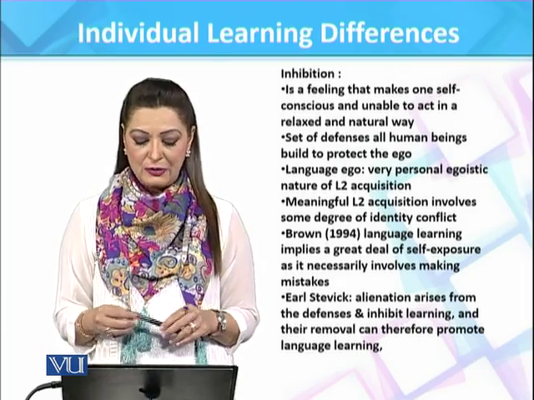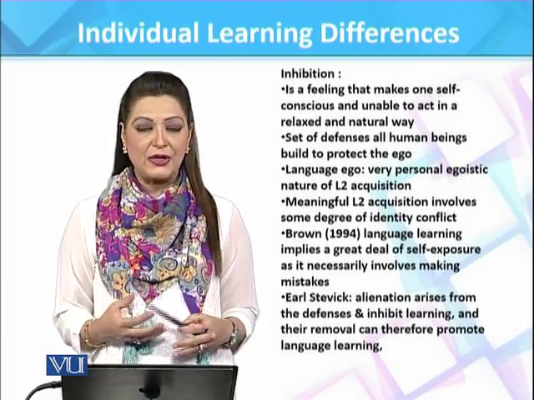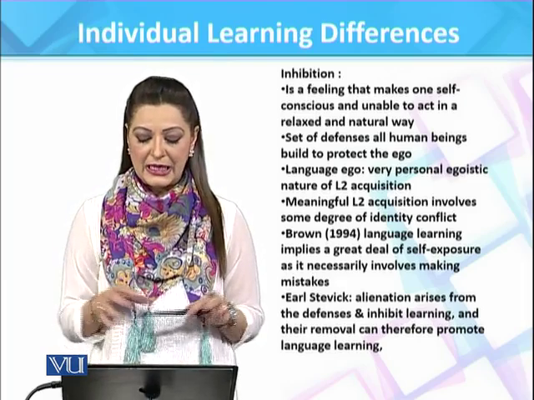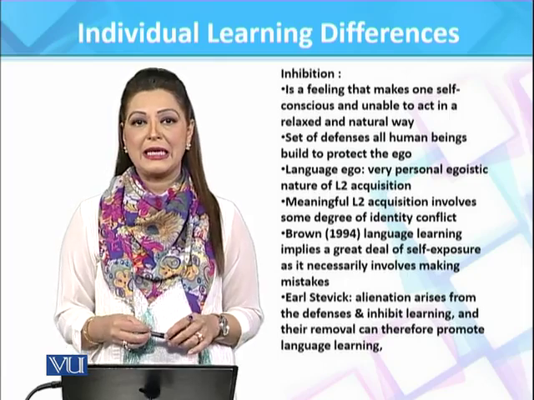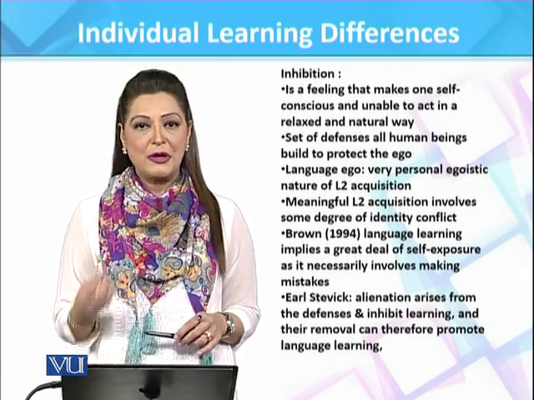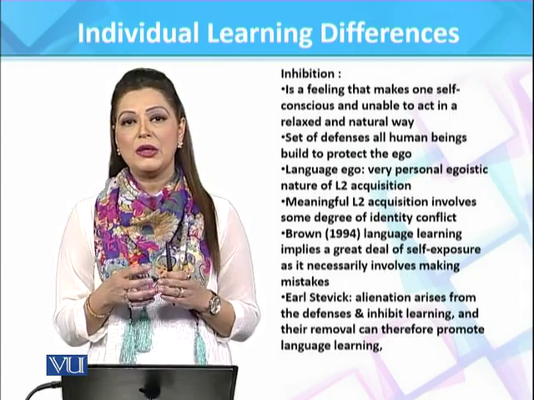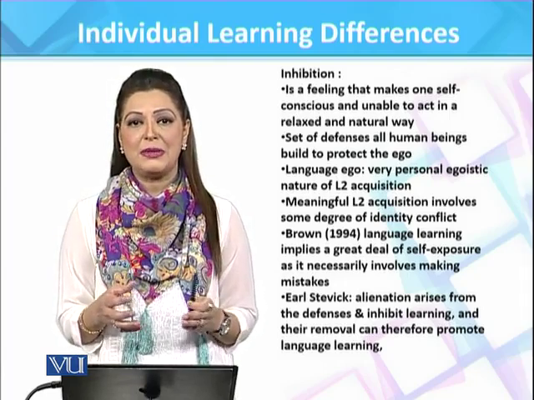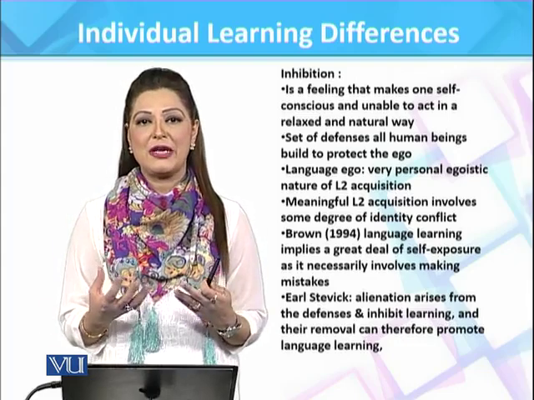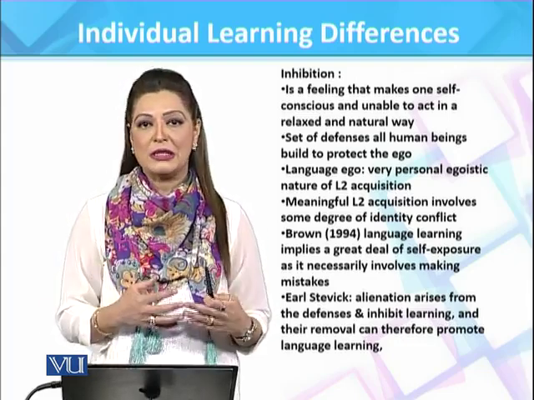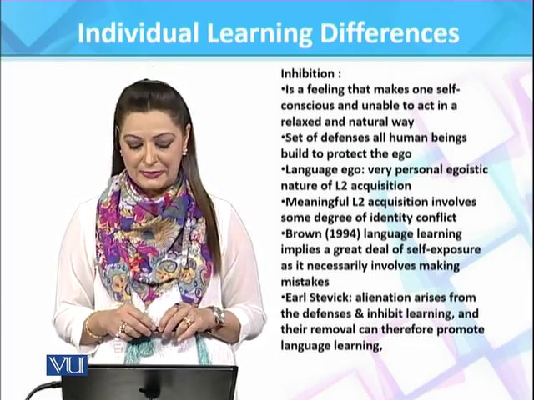Brown feels that language learning implies a great deal of self-exposure, as it necessarily involves making mistakes. So in the process of second language acquisition, one is bound to make mistakes. And when somebody is making mistakes, he or she becomes very conscious of the fact and tries to build up defenses which block or hinder the language learning process.